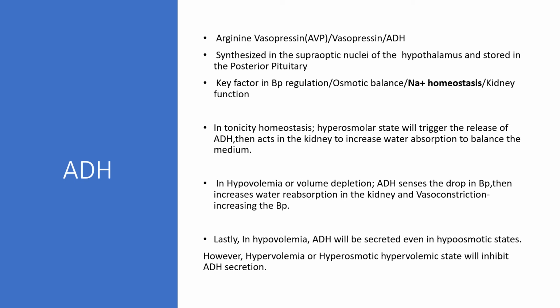It is synthesized in the supraoptic nuclei of the hypothalamus and stored in the posterior pituitary. There are two hormones stored there. The other one is oxytocin. That is why oxytocin will also have an antidiuretic effect.